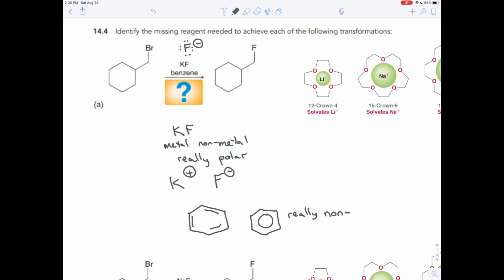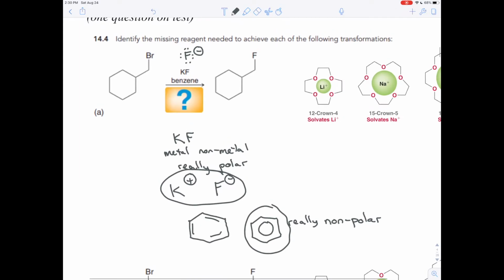There are no really electronegative elements in this that are creating charges. So if you sprinkle this ionic compound into this solvent, the potassium and the fluorine are going to want to stick together, because they're opposite charges, and they don't have any other charges in the solvent to stick onto.